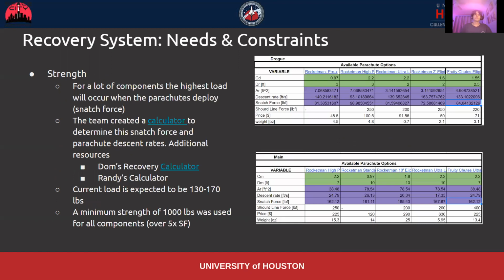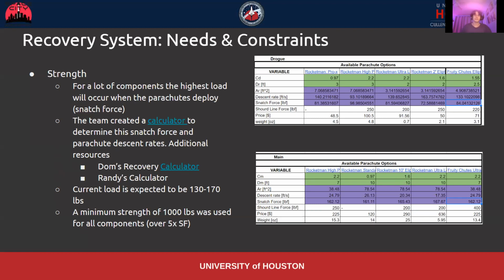So for the strength, for a lot of the components we're choosing, the strength is going to be based on the snatch force, which is the force exerted by the deceleration due to the deployment of the parachutes. So we did make a calculator this semester, which I'm really proud of. I think that it taught us a lot and it's been really useful.